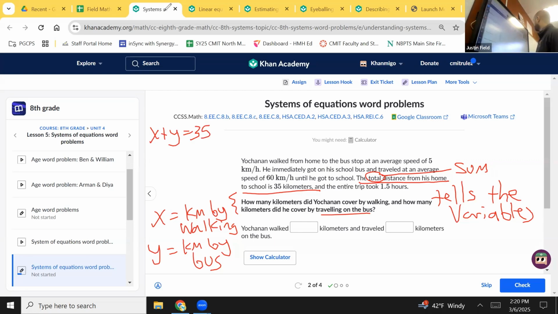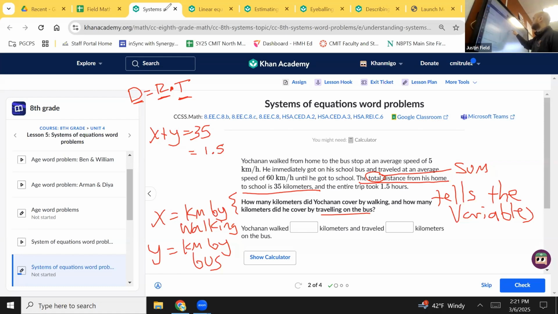And then we know the entire trip took 1.5 hours. And so we know the rate at which he traveled, right? And I know that distance equals rate times time. Distance equals rate times time. So I know my total time is 1.5 hours.